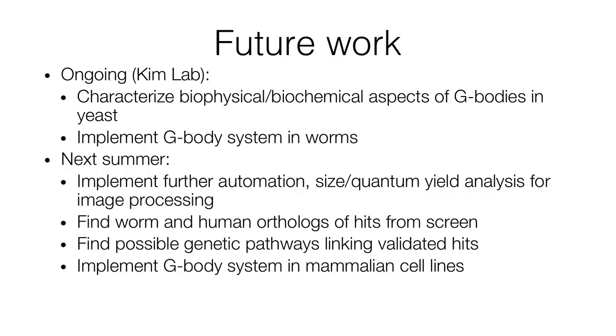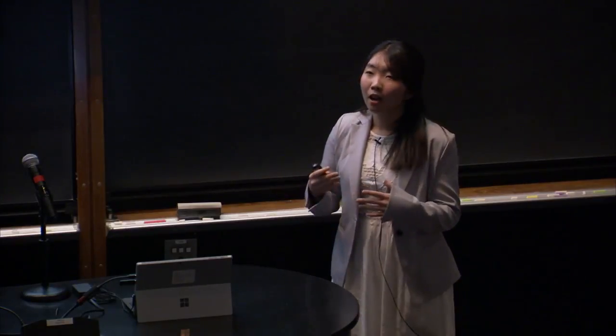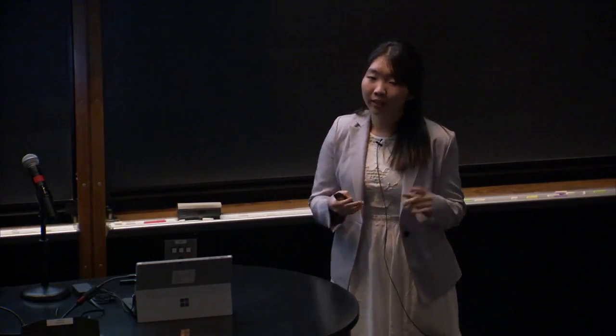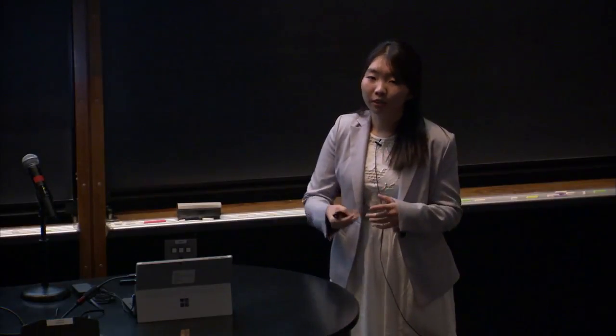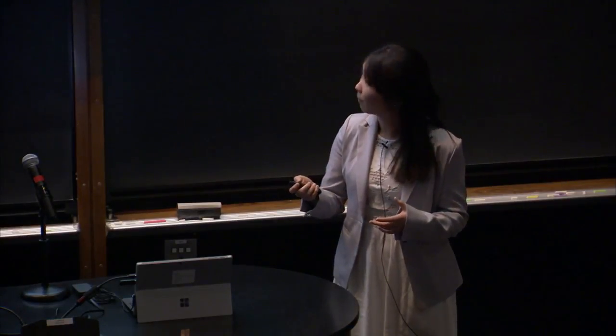Current work in the lab: Greg and Nathan are working on characterizing the biophysical and biochemical aspects of G-bodies, and my mentor is working on translating it to worms. Next summer, when I return to the lab, I would like to implement further automation in my image processing, not only so that it's faster, but also so I can see things like the average size of a G-body for each deletion strain, and the quantum yield so I can measure gene expression.